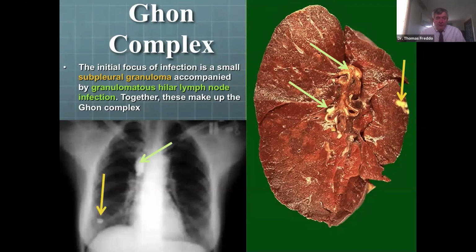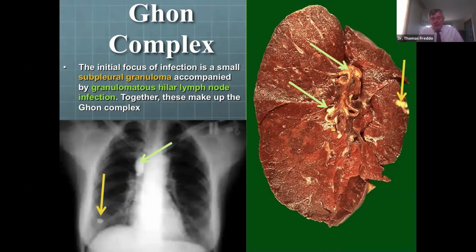And then there is usually a granulomatous focus somewhere in the lung. So one is subpleural. I may have confused you, I'm sorry. The subpleural one on the radiologic image is the one marked with the yellow arrow in both the left and the right.